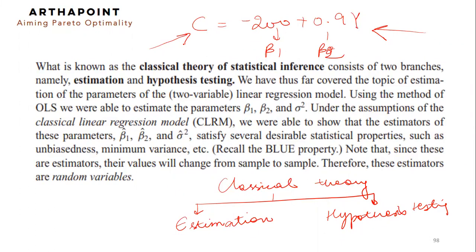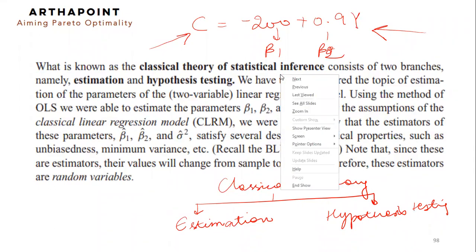But there is more to it. There are two main things that I want to understand beyond this. The first thing is that once I have estimated beta 1 and beta 2, actually because I am estimating it for a sample, I am estimating beta 1 hat and beta 2 hat.